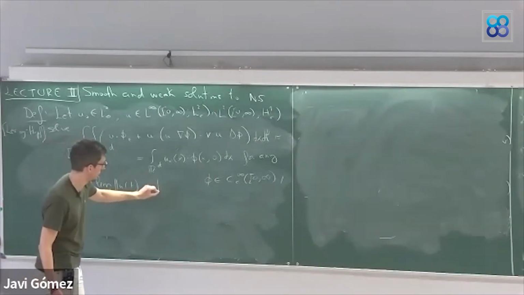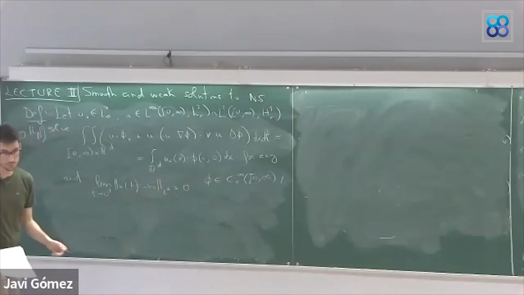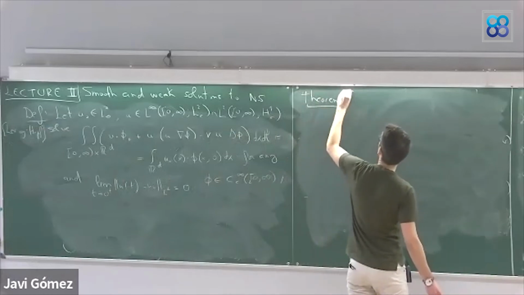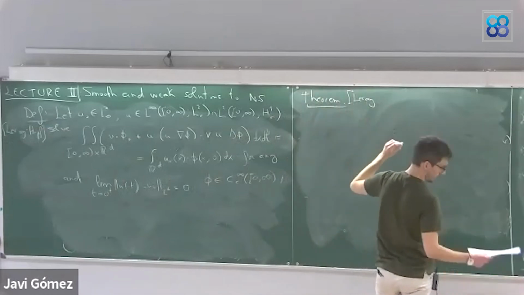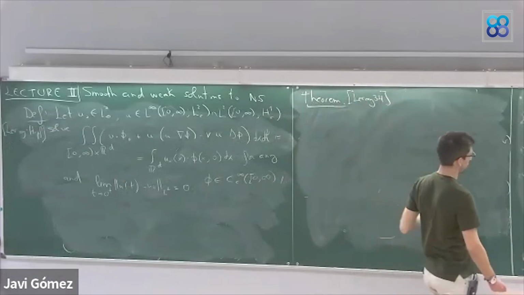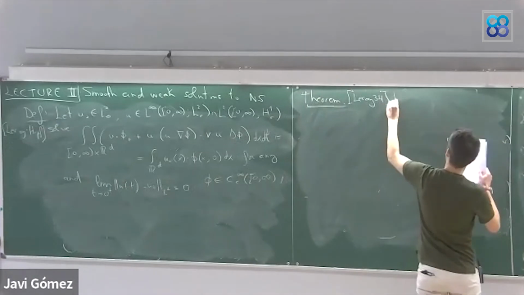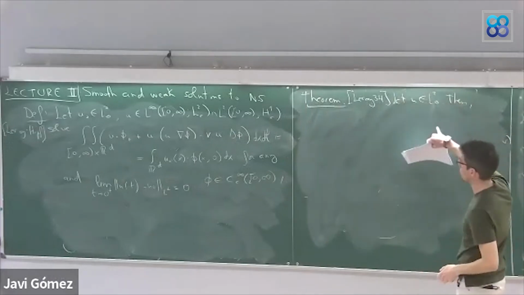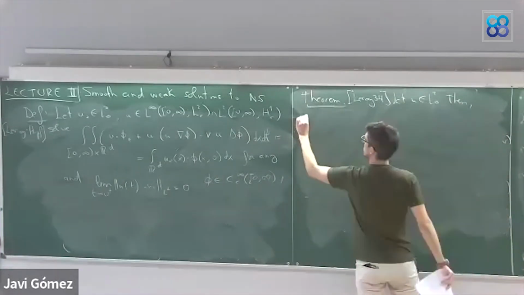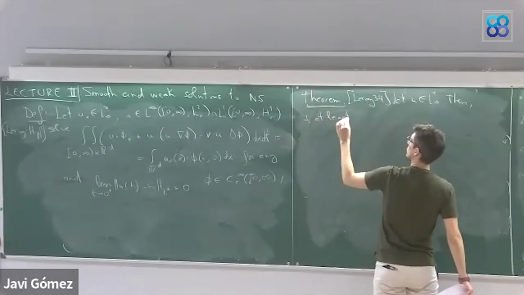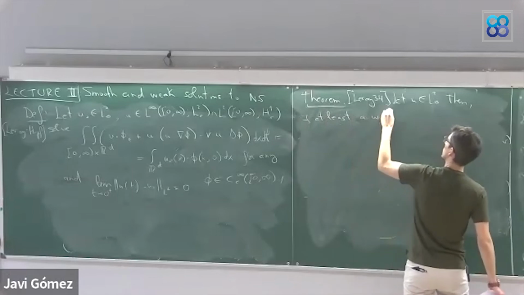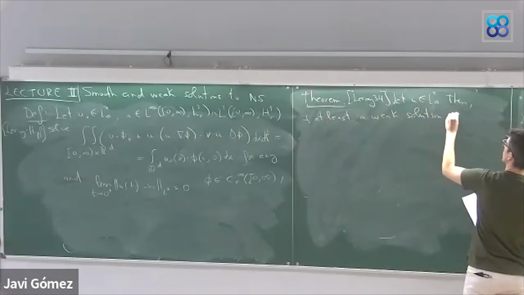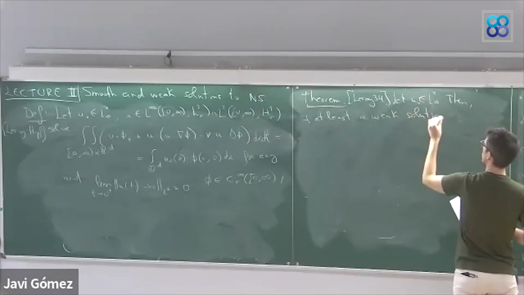And they attain the initial data. In another theorem by Leray, which is in 34: for u0 in L2 and just in L2, there exists at least one weak solution with initial data u0.